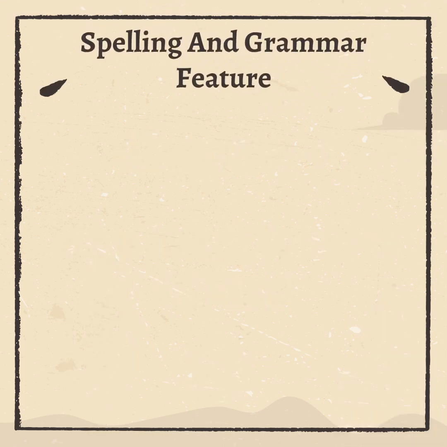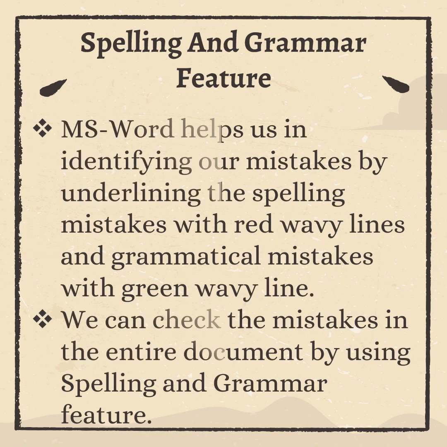So today we will be learning about spelling and grammar features. Whenever we are typing the text in the document, we might make some mistakes. Microsoft Word helps us in identifying our mistakes by underlining the spelling mistakes with red wavy lines and grammatical mistakes with green wavy lines as you type the text in the document.